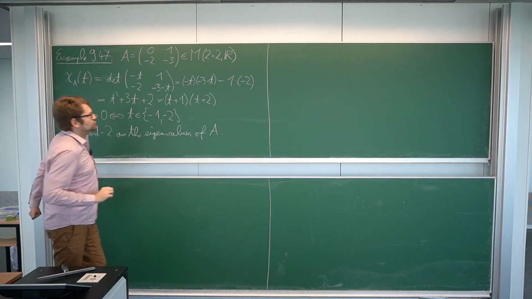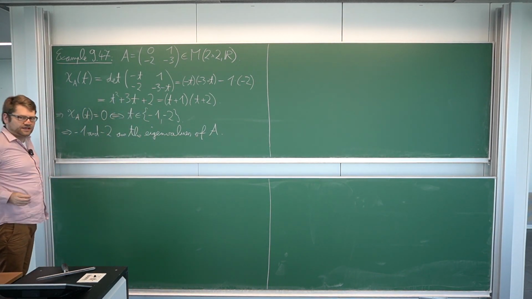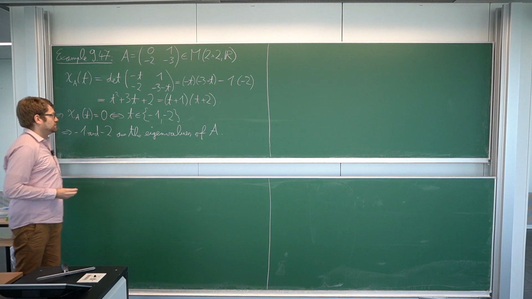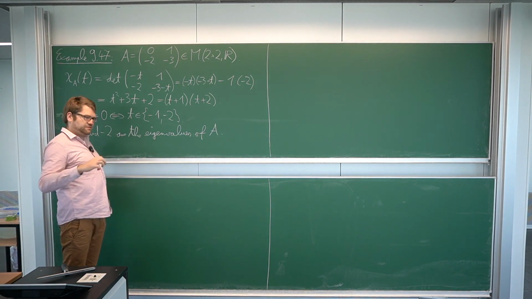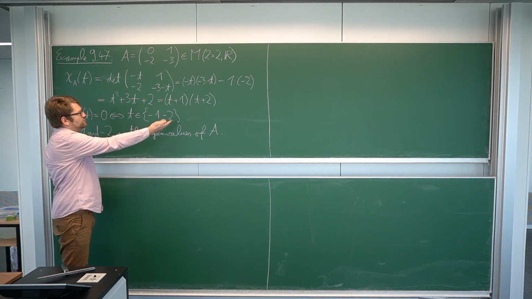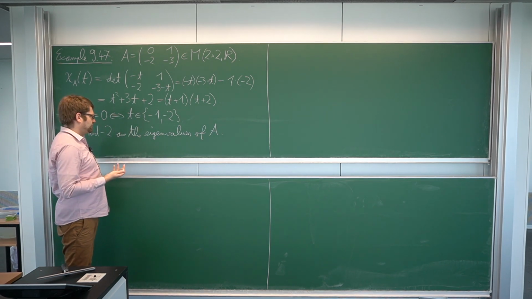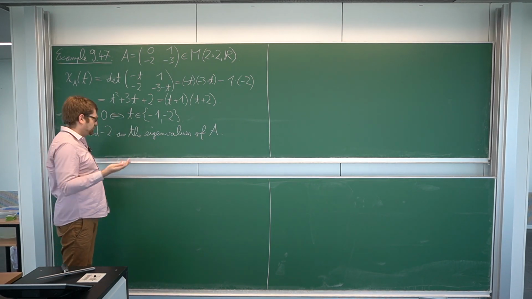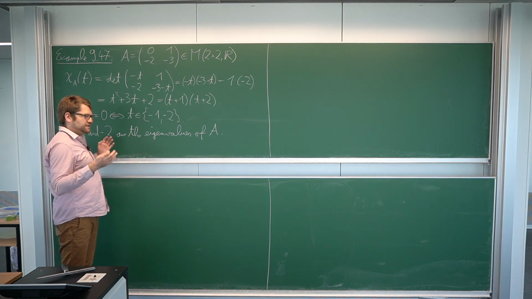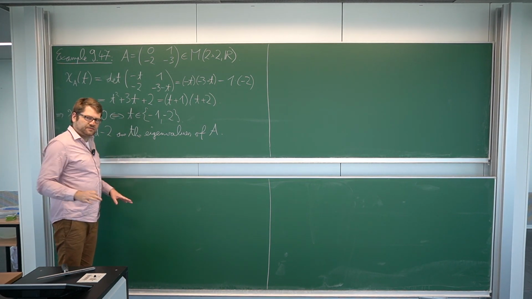And now this already shows that the matrix is diagonalizable. If we think in endomorphisms, this would be an endomorphism from R^2 to R^2, and we saw that if the number of pairwise distinct eigenvalues is the same as the dimension, then it's already diagonalizable.